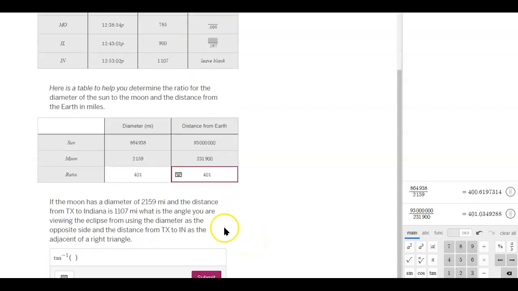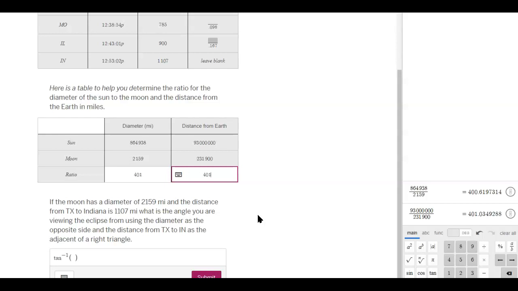So if the moon has a diameter of 2,159 miles and the distance from Texas to Indiana is 1,107 miles, what is the angle you're going to be viewing the eclipse from?